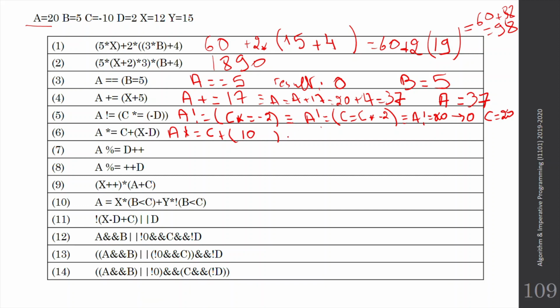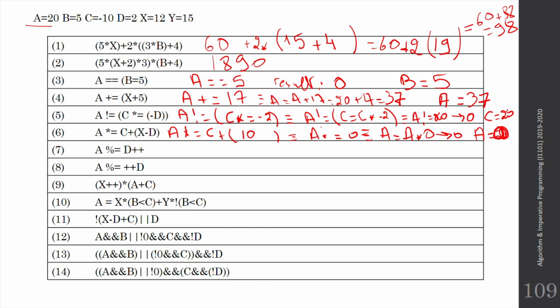So it will be equivalent to a multiple equal to 0. This means that in a I should put a multiple 0. So at the end, in a there's 20, and 20 multiple 0 equal to 0. So at the end, the value is 0, and the value of a will be changed to 0, since we have put 0 in a.